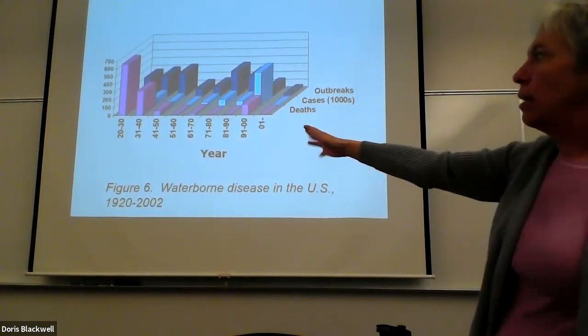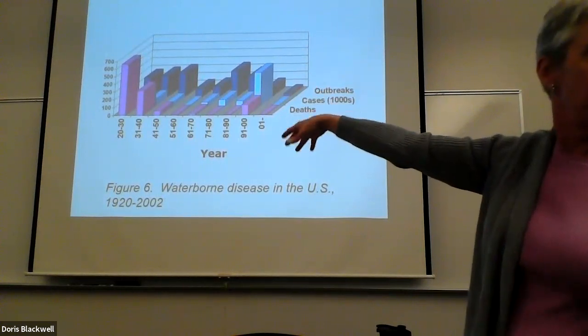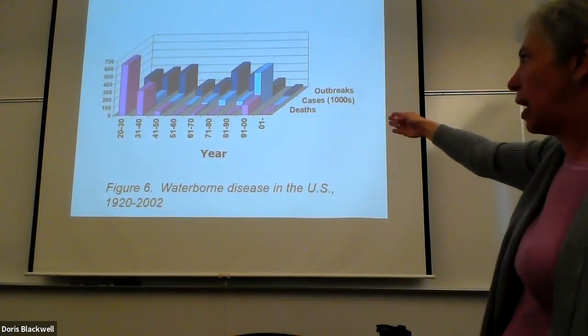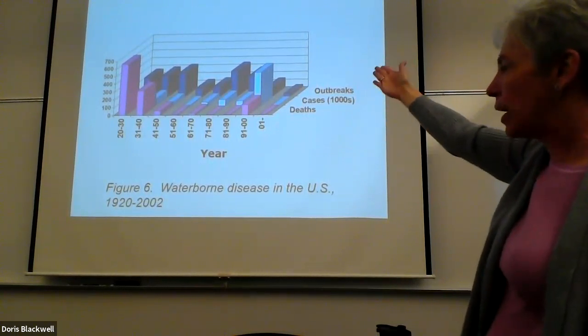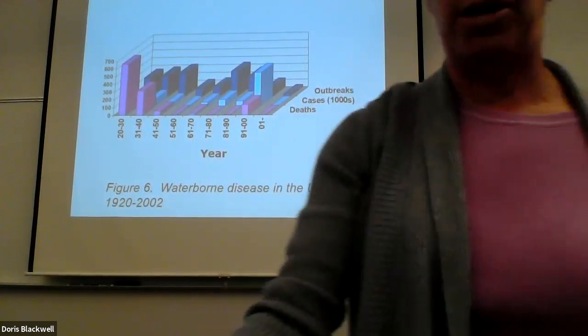So in 1920 to 1930, a lot of people died from these outbreaks of disease. And then as we get further along in time, we're seeing not as many people are dying. We're still seeing, like 1971 to 80, there's still a lot of outbreaks, but not as many people are dying from those outbreaks. So it can represent, again, a lot of information.